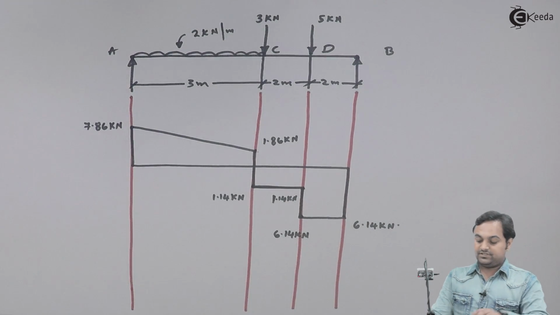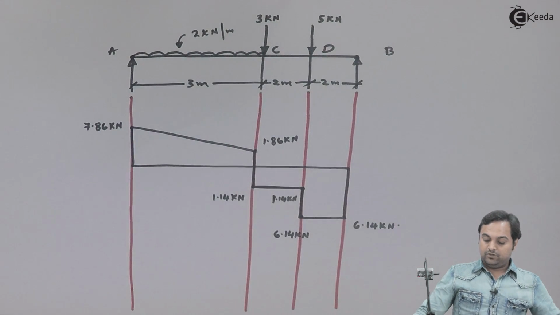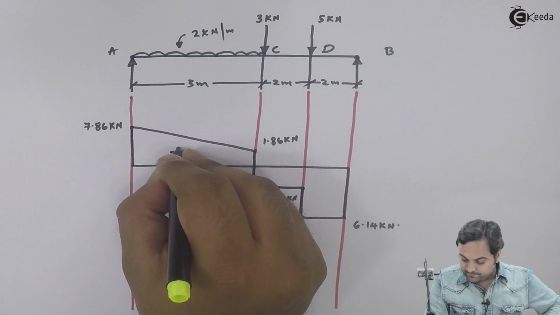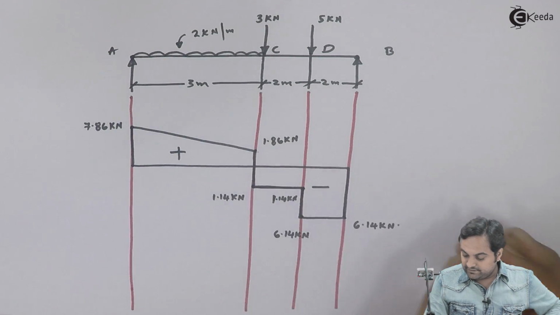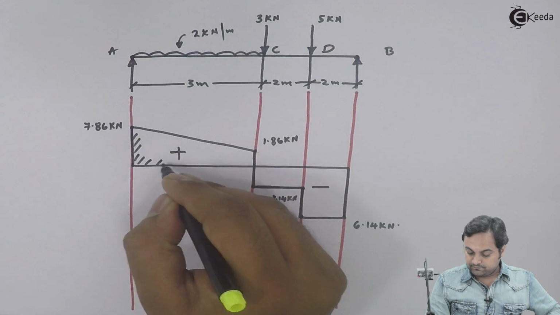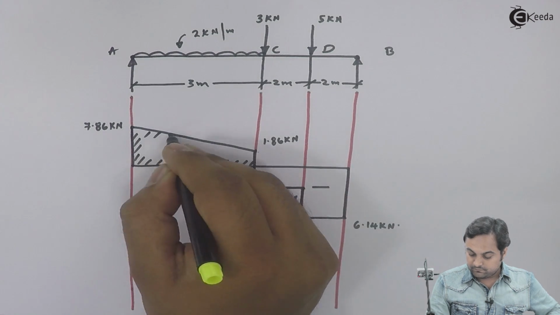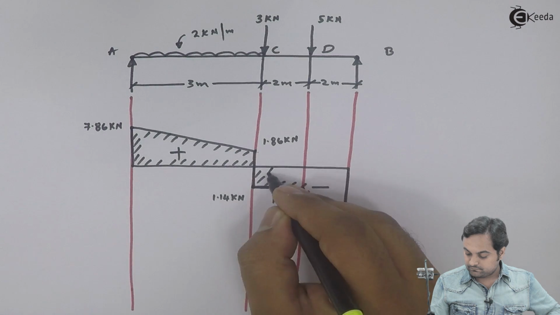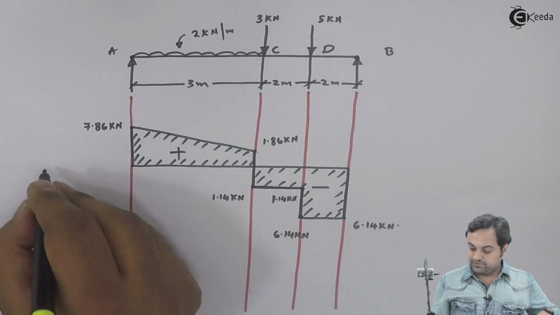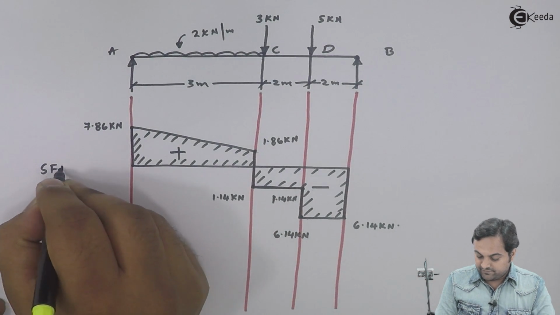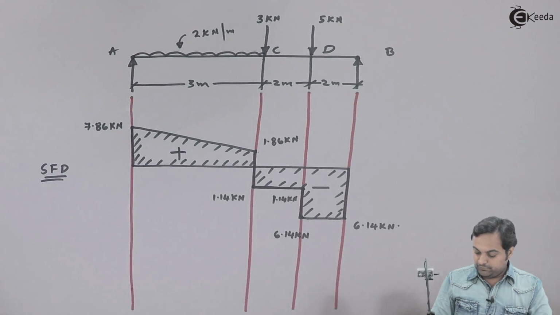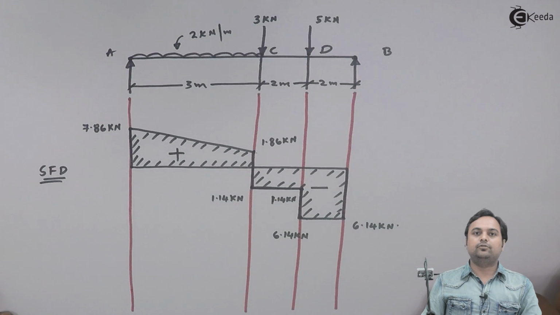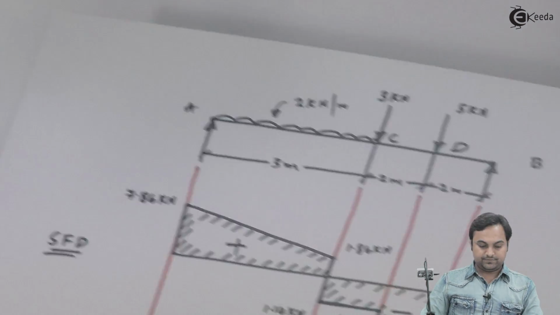Now this is the shear force diagram which we have. Whatever I have plotted above the line, that is positive, and below the line, that is negative. So this is the shear force diagram which we have. Now below this we would be drawing bending moment diagram, but before that we have to write down bending moment calculations.